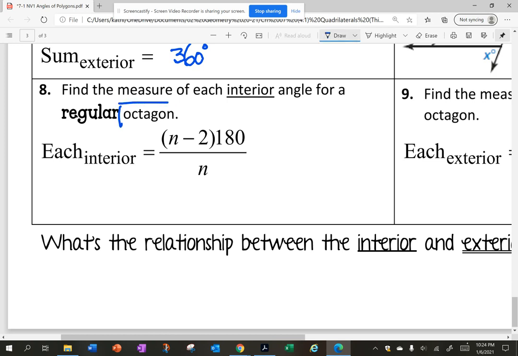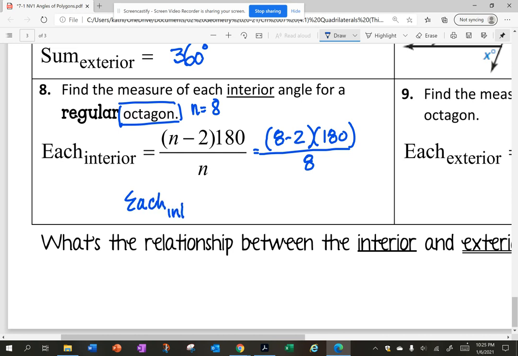So for an octagon, I know n equals 8. So substituting in, I get 8 minus 2 times 180 divided by 8. And I get each interior angle equals 135 degrees.